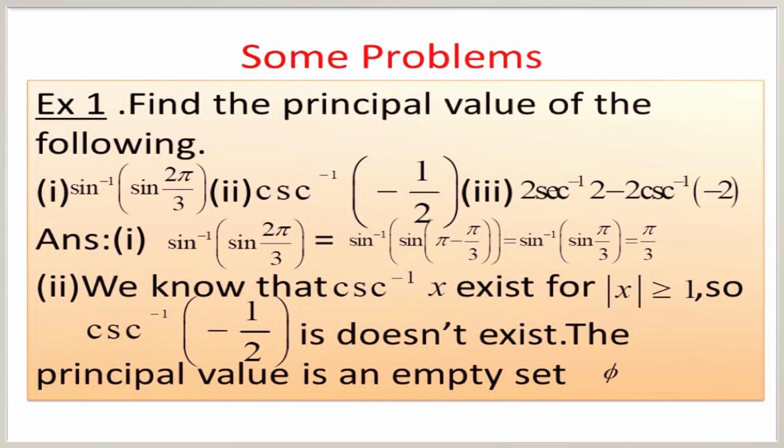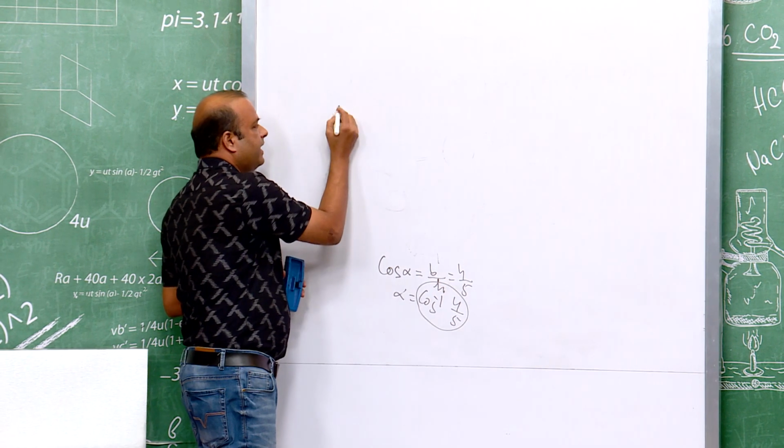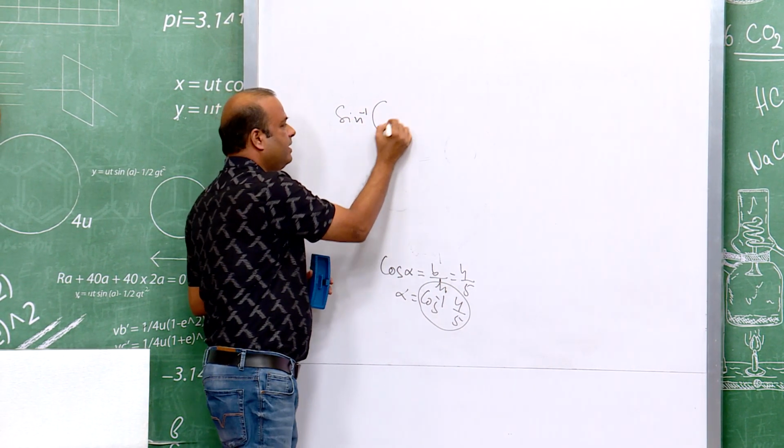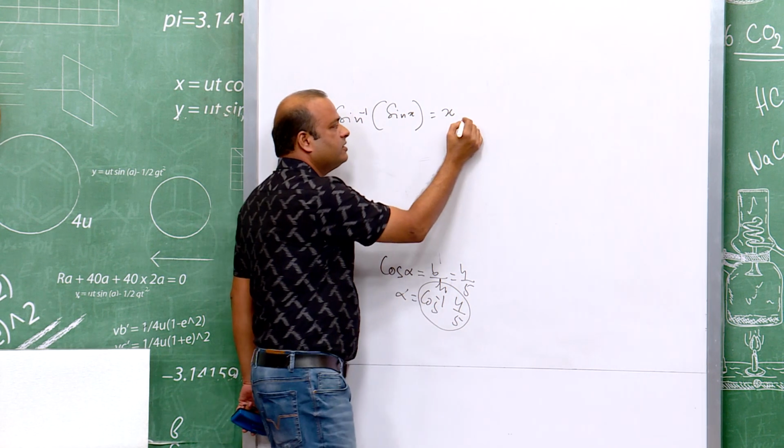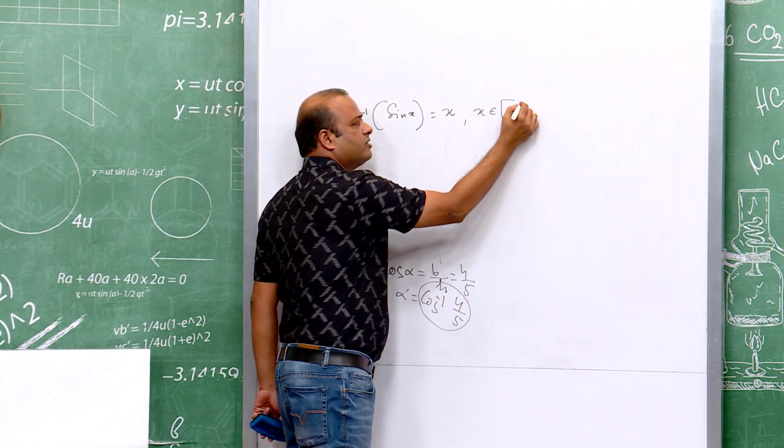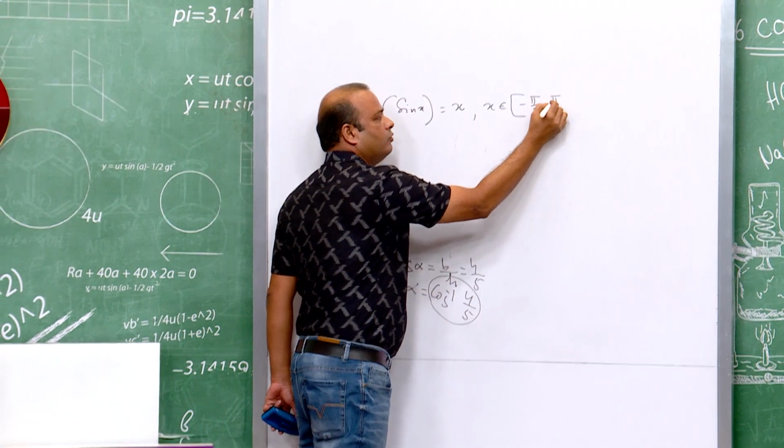Using the above properties that I have discussed, you can work out the problems. So, let us see example 1. Find the principal value of the following inverse trigonometric functions, that is sin inverse sin 2 pi by 3. You know sin inverse sin x, you can write it as x, but the restriction is x belongs to minus pi by 2 to pi by 2.